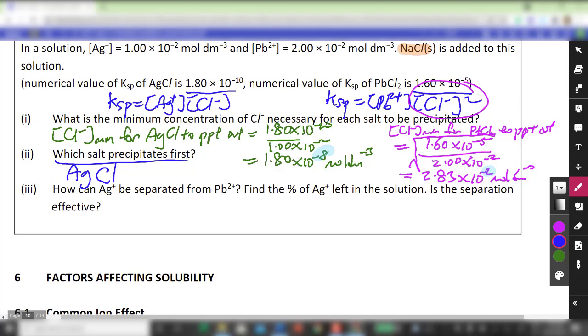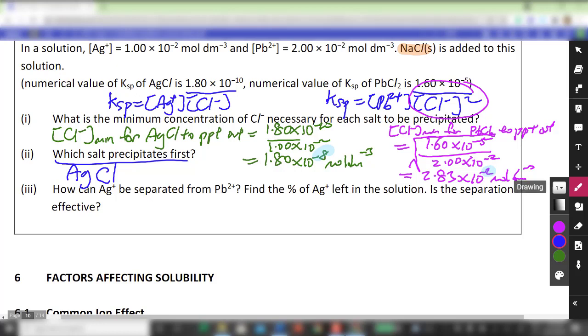After that, I will filter off the silver chloride, and whatever remains in the solution is actually lead-2 plus. Remember that if I introduce 2.83 times 10 to the power minus 2 moles per dm cube of chloride, that is the point where lead chloride is just about to precipitate out.